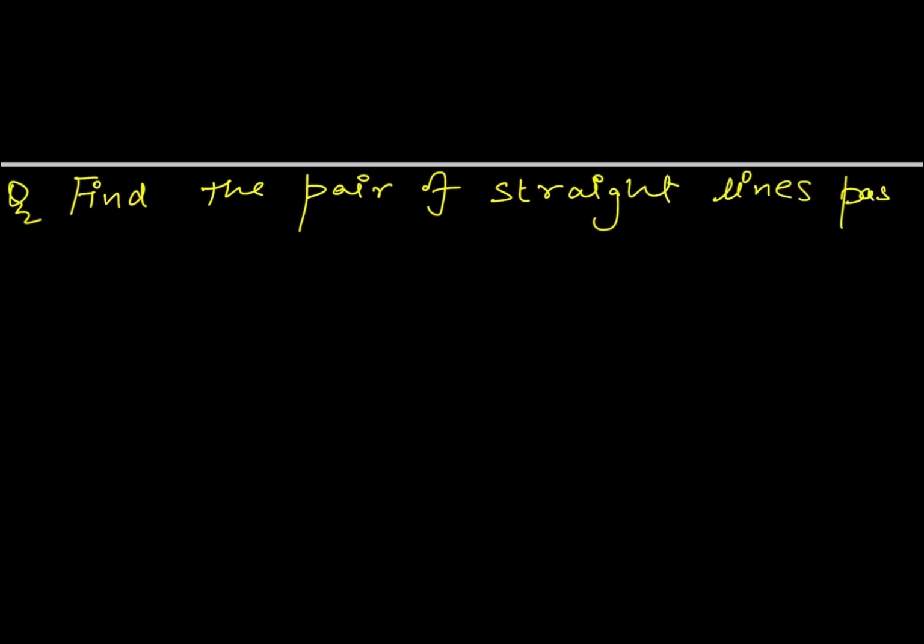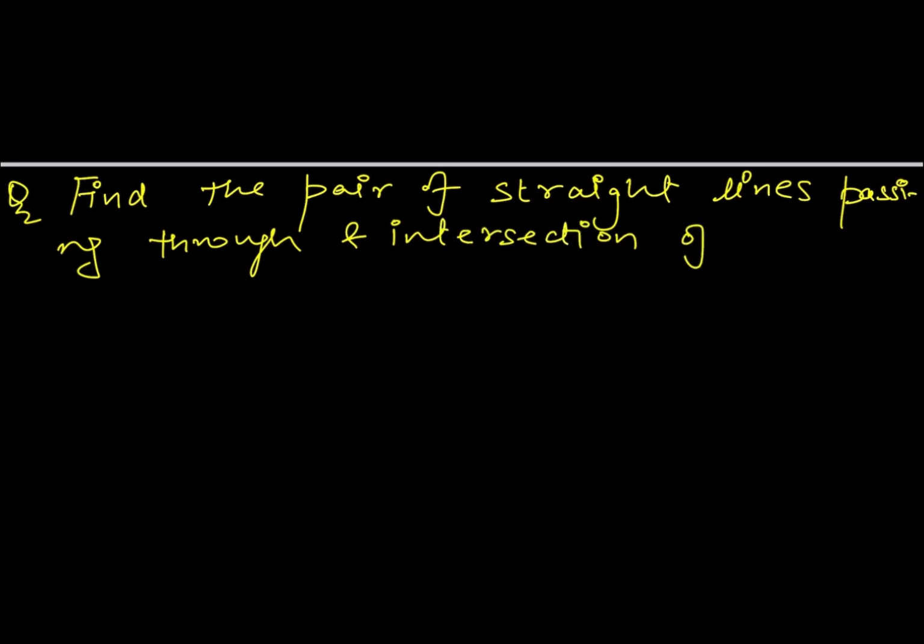Question is, find the pair of straight lines through origin, passing through origin, and intersection of y square is equal to 4x and x plus y minus 2 is equal to 0.